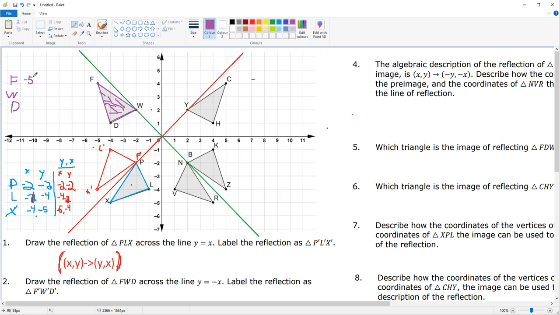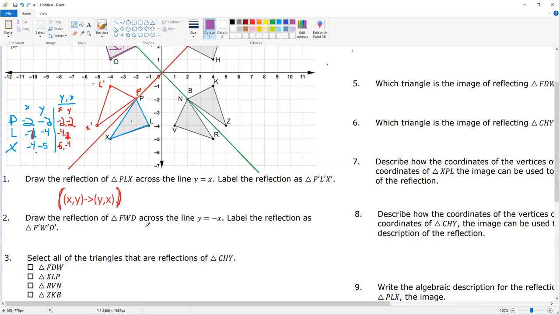W is -2 and 2. Okay, and then D is -4 and 1.